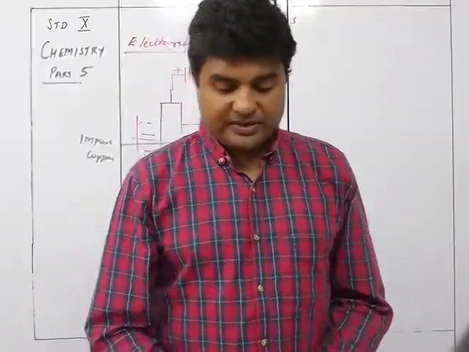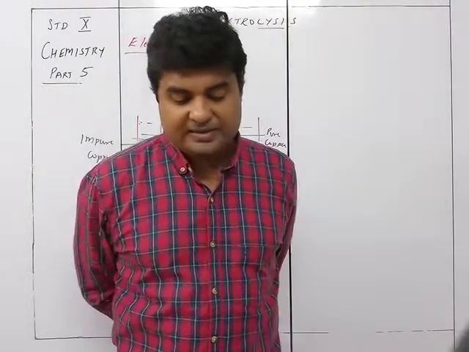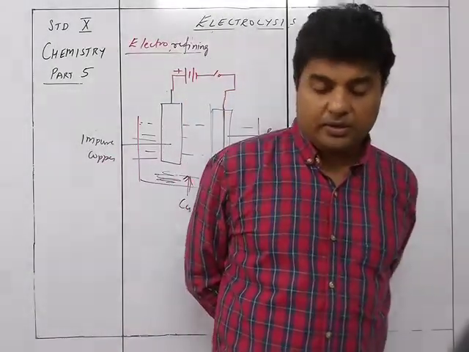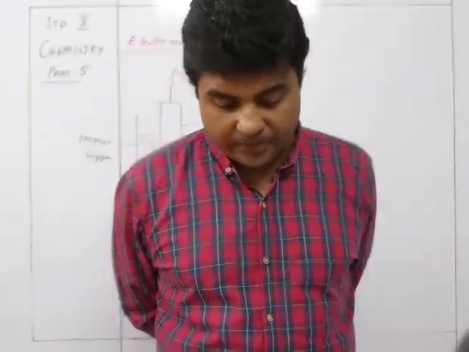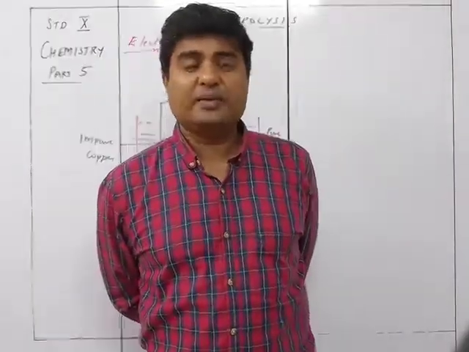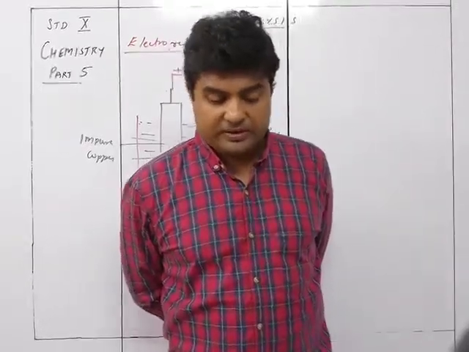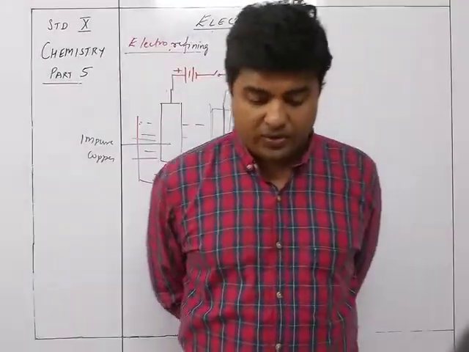Examples: fused NaCl will give you Na+ and Cl-. So Na will be at the cathode and Cl at the anode. Fused calcium chloride, CaCl2, gives Ca2+ and Cl-, so Ca will be deposited at the cathode and Cl2 at the anode.